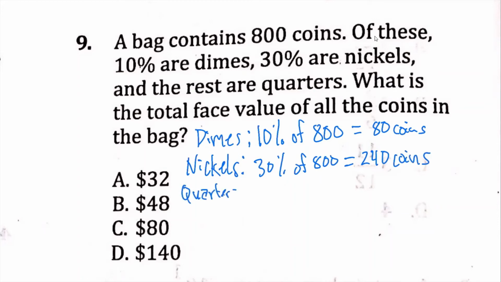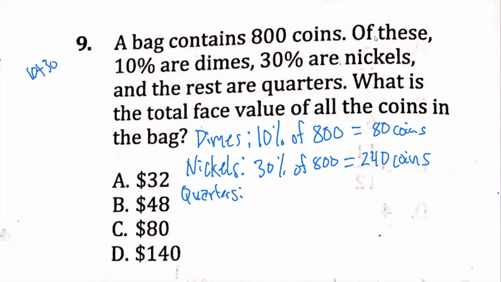Quarters. We have the remainder, right? So really quick math: 10 plus 30 is 40, right? So 100% minus 40 is 60%.